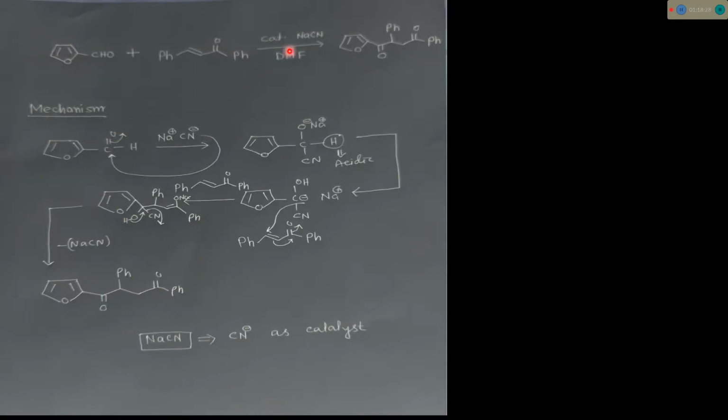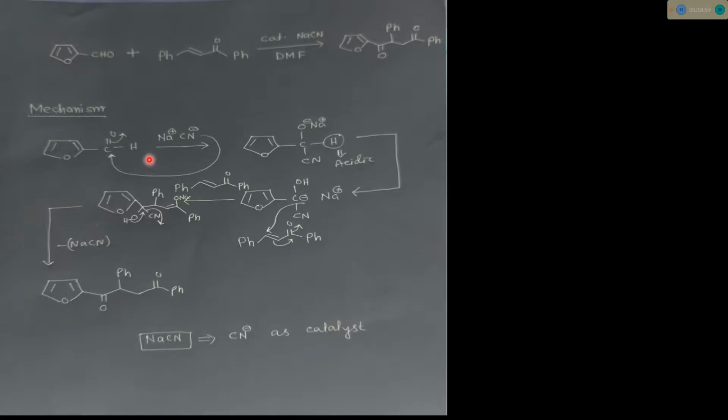With NaCN, CN minus is a good leaving group. One can imagine that with an alpha beta unsaturated carbonyl, CN minus can attack there, but this is not the case here.